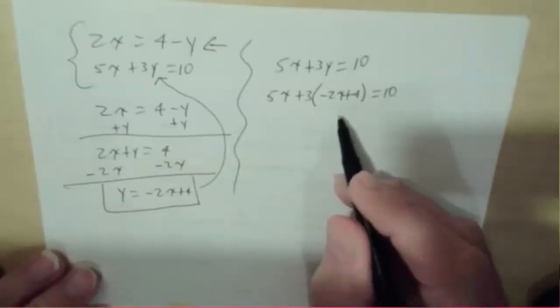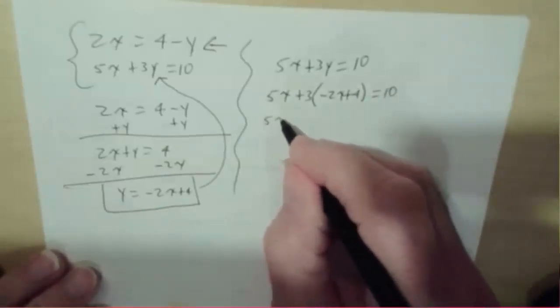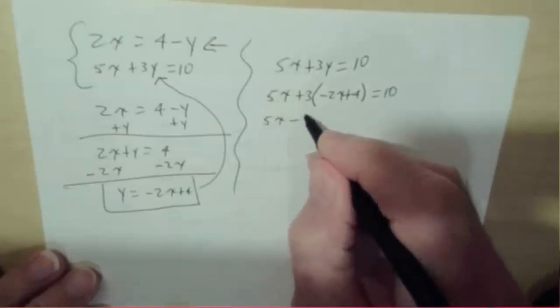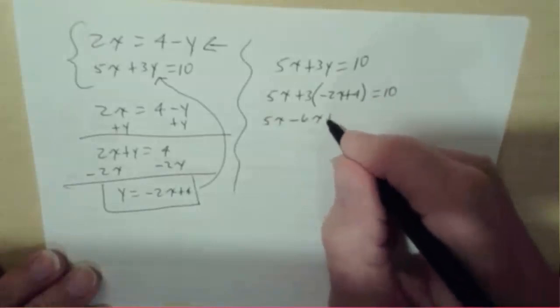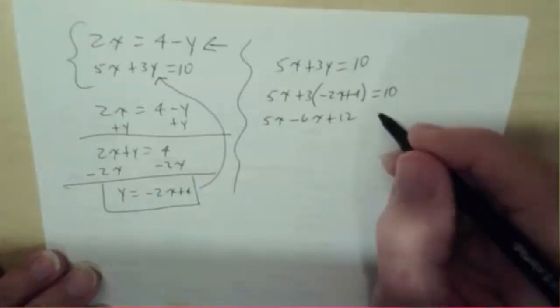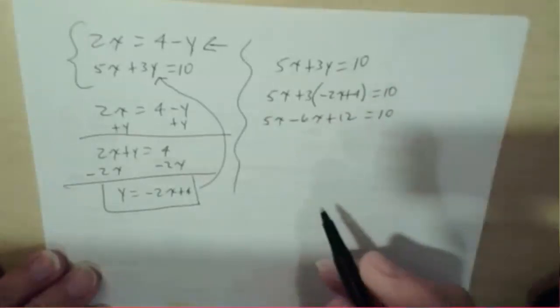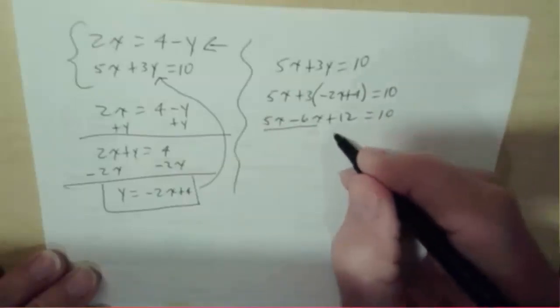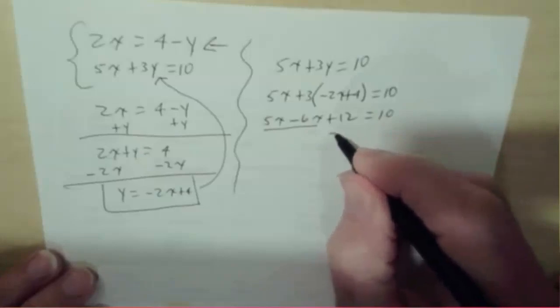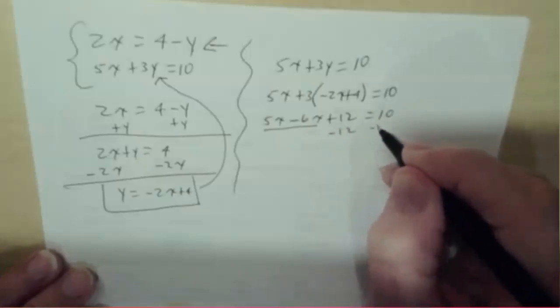Now we do the distributive property here. 5x minus 6x plus 12 equals 10.